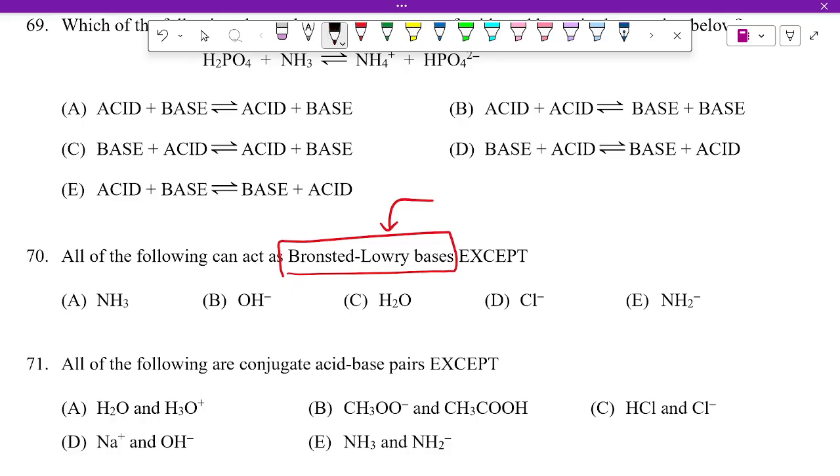What's the definition? Yeah, it's a proton acceptor. So what that tells us is that 4 of these can accept protons and 1 cannot.